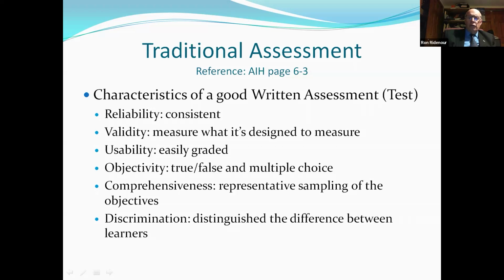And discrimination, distinguish the difference between the learners. Learners are different, and so you have to assess them differently. A young learner might be more tolerant of being criticized, versus a more mature learner who has some self-esteem and is not quite as tolerant.